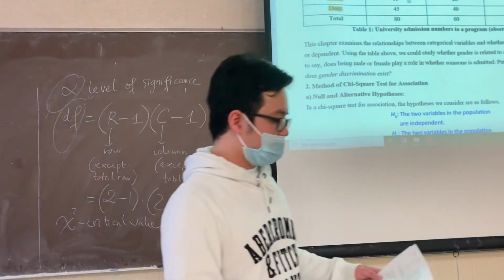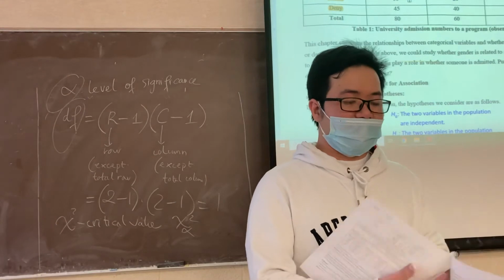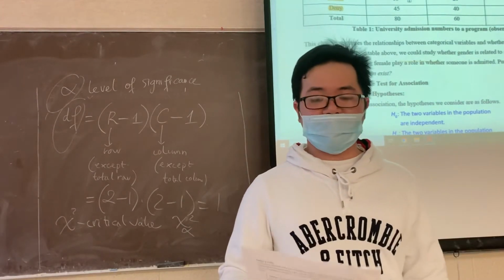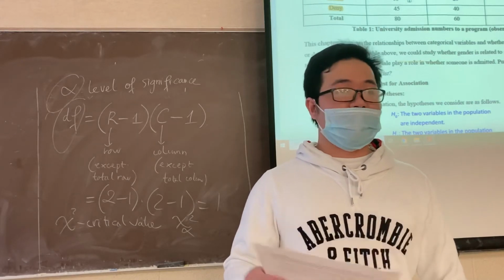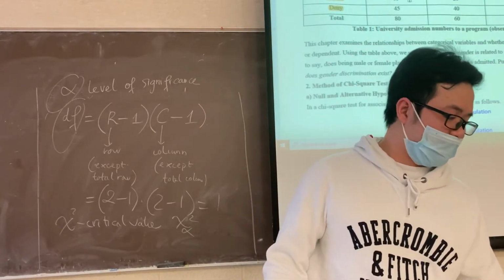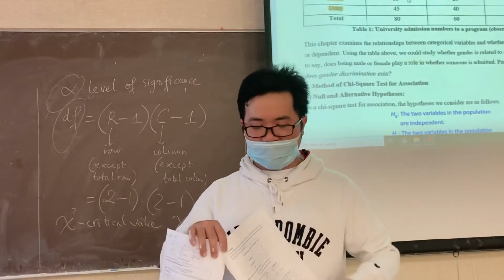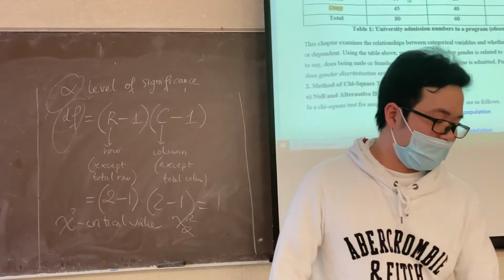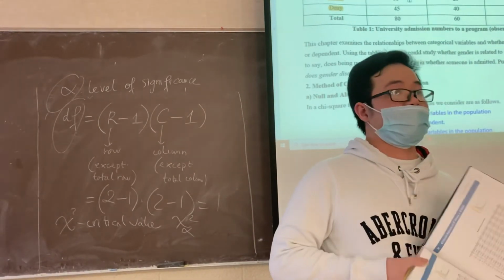I also mentioned it in the previous handout, the chi-square distribution test for goodness of fit, so you can find a table like this there. But it's not in this handout. If you don't have that, you can use your textbook to find the critical value of chi-square.